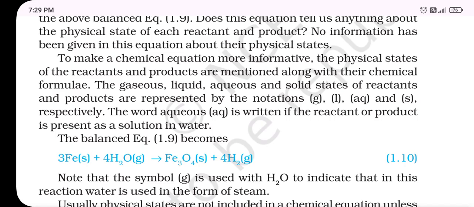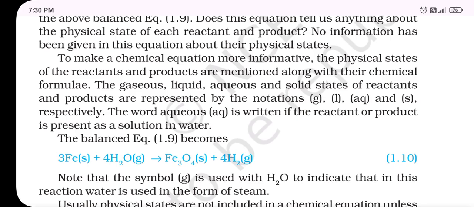For example, water plus salt is an aqueous. Water plus salt plus sugar is an aqueous. Water plus salt plus sugar plus lemon is also aqueous. Even water plus Glucon D is also an aqueous.